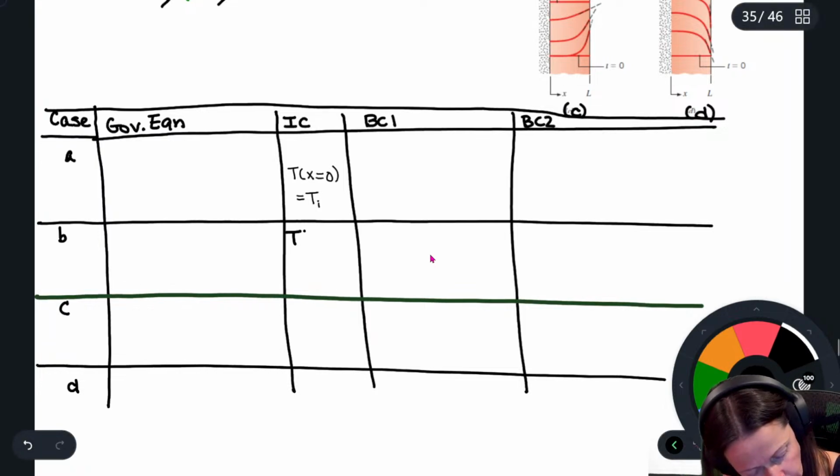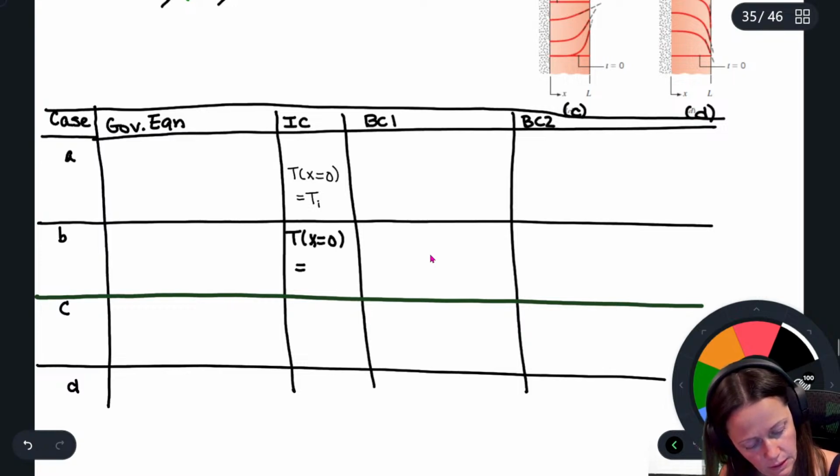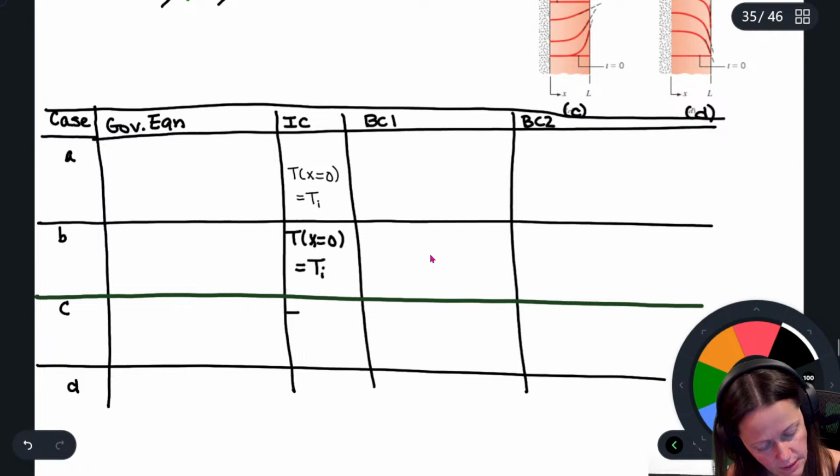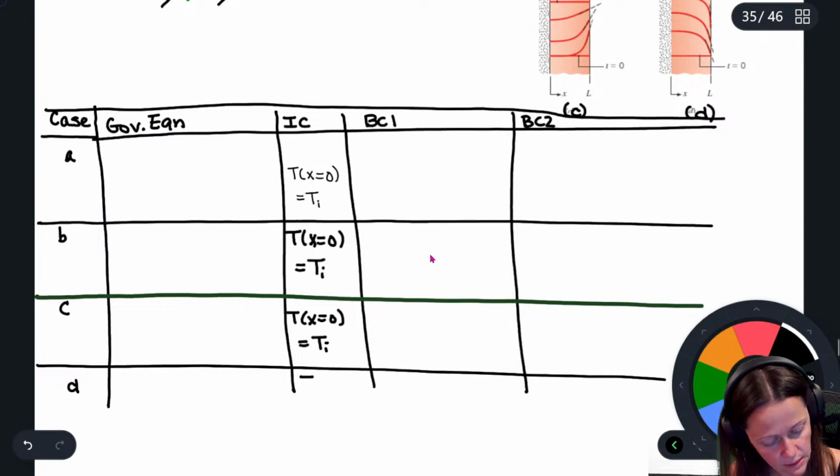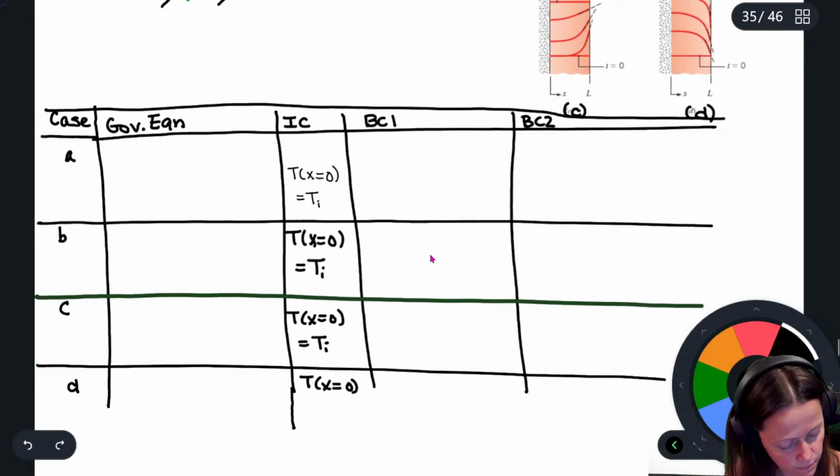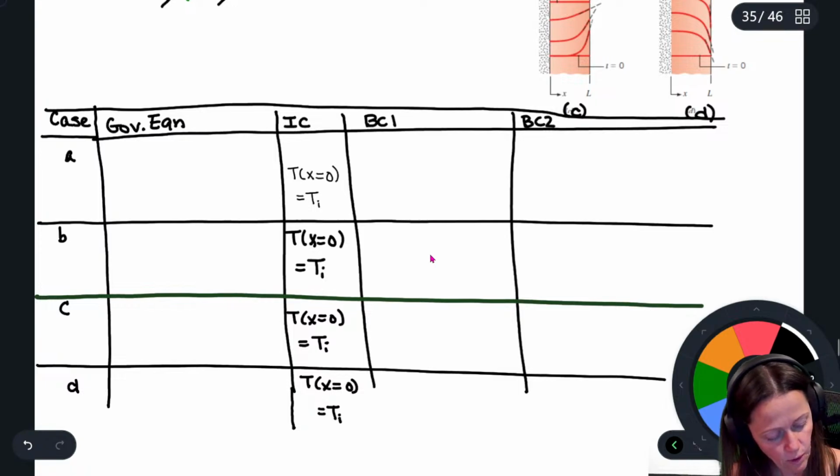So T at x equals 0 is T initial, whatever that is. T at x equals 0 is equal to T infinity, whatever that is. T at x equals 0, did I say T infinity? I didn't mean to. Equals T initial. Again, whatever that is.